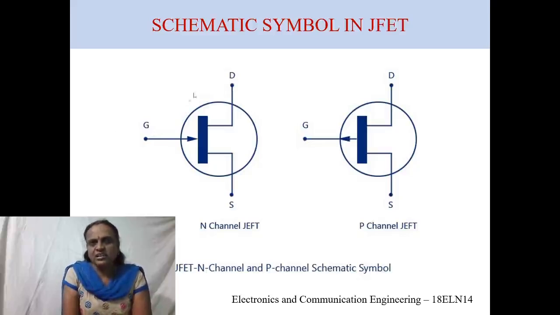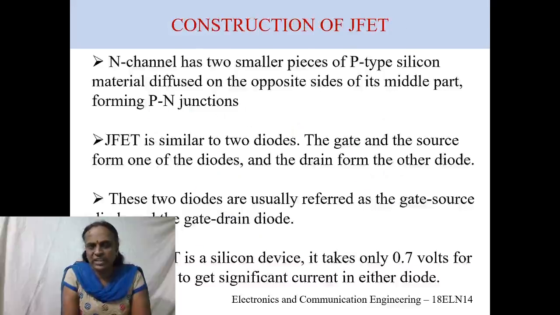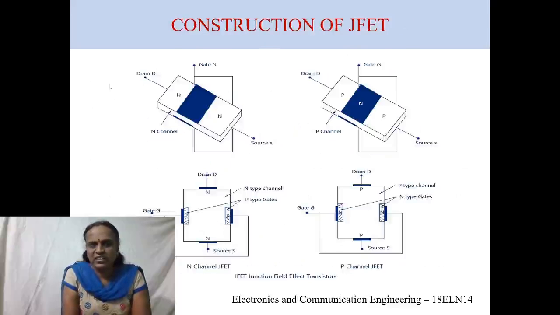Gate is G, drain is D, S is source. Irrespective of any type of channel, these three terminals are fixed. The middle layer is always a little bit thick because of the silicon bar present. As we have seen in the above diagram, in the middle layer there is a silicon bar, and there only we are going to pull out the gate.